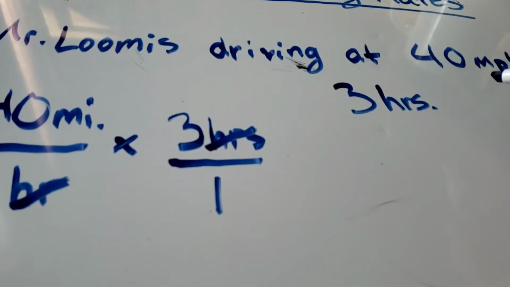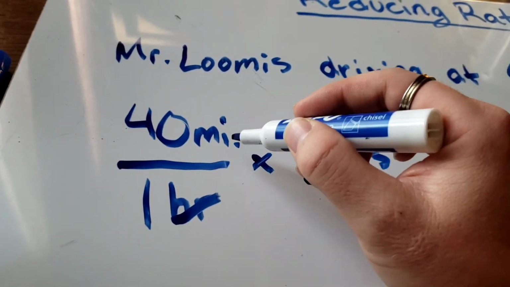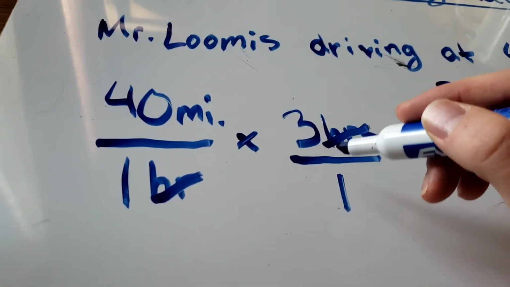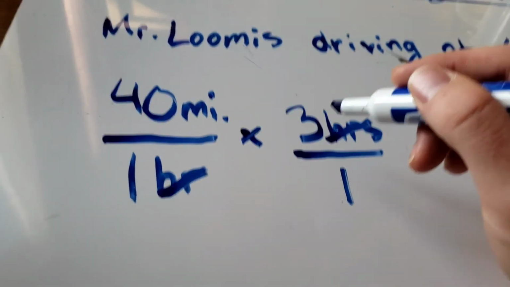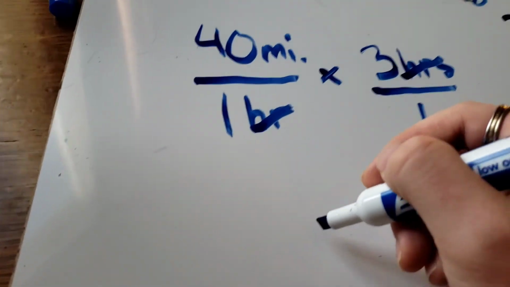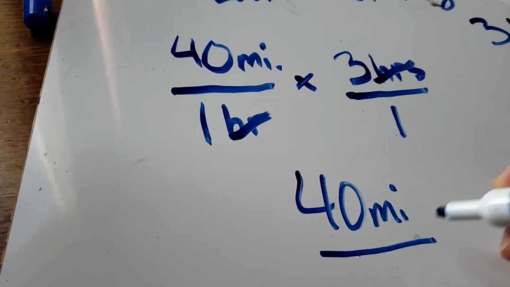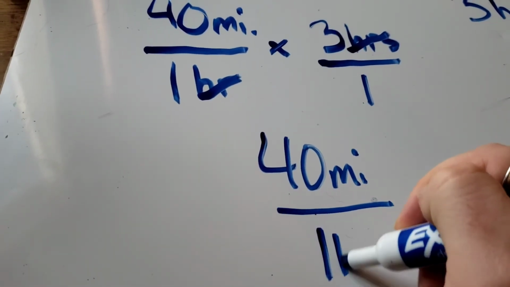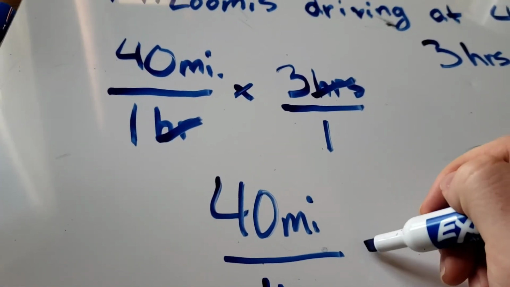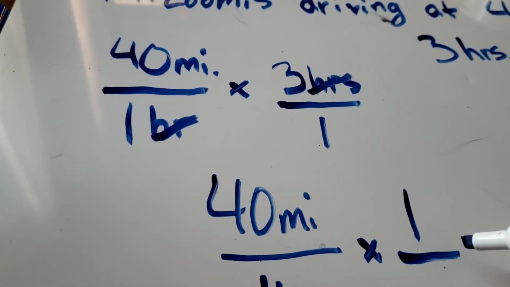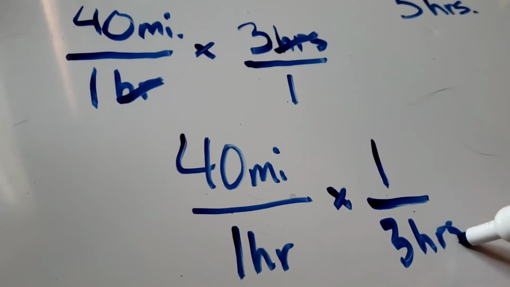So how far will I have traveled in 3 hours? We want some number of miles. We know we've set it up correctly because our hours cancel out. So for example, let's say we set it up incorrectly. 40 miles per 1 hour. And let's say instead we did 1 over 3 hours.